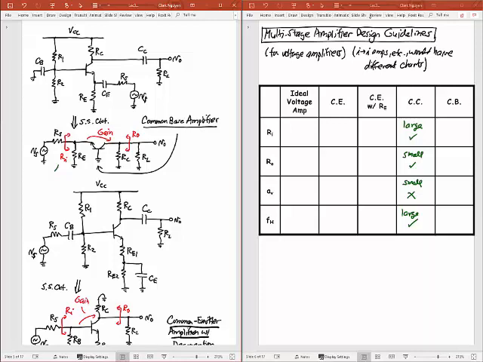That would be correct if we were looking at the collector, but we're looking up the emitter now. What do we see up the emitter? R little e? Yeah, that's right. R little e, or 1 over gm, which is a very small resistor, about 25 ohms or so. So I can identify that as small. Right away for my common base circuit, the input resistance is small. That's not good for a voltage amplifier, so I'm going to put an X there.